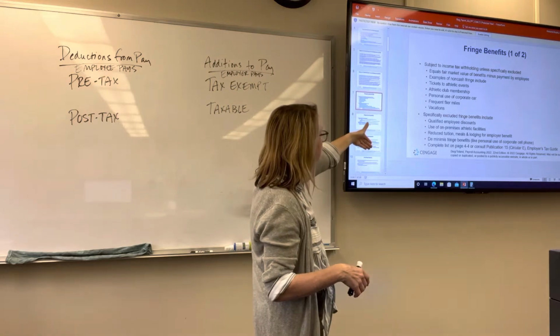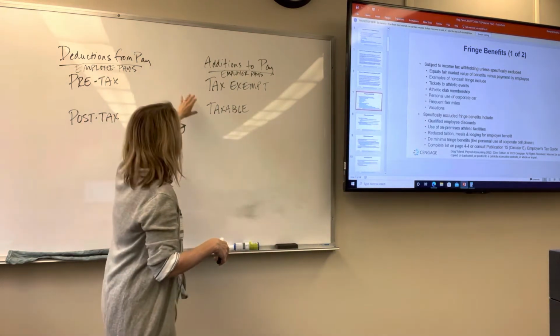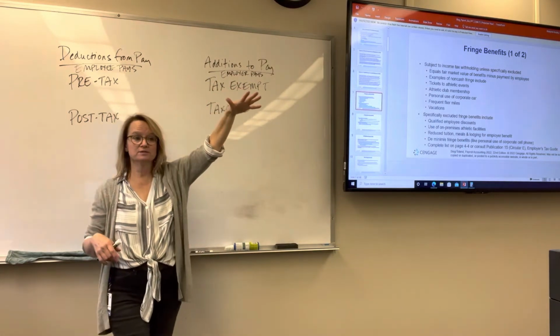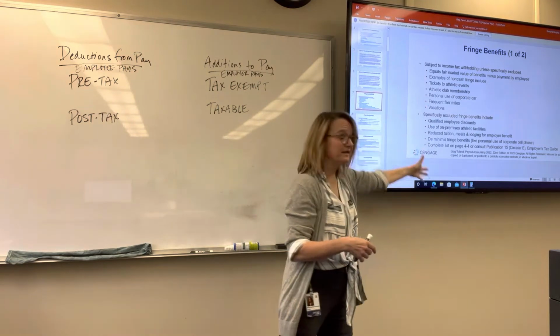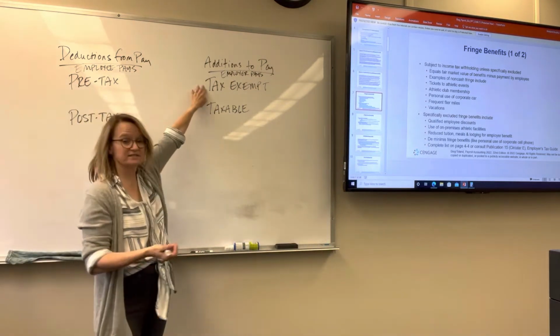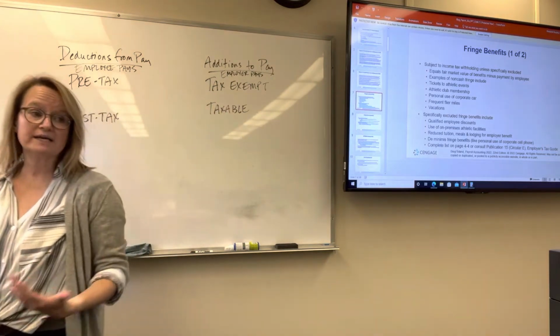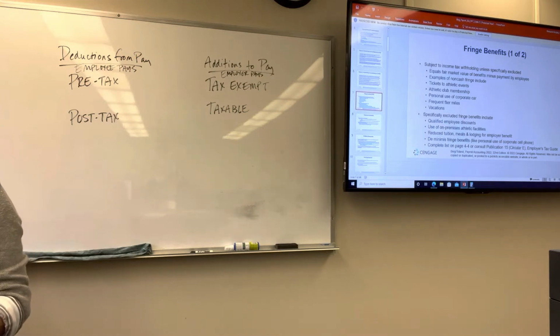Specifically excluded fringe benefits, those employee discounts we talked about, are tax exempt. We're not going to add it to their taxable pay. The athletic facilities, as long as they are on premises, whatever the value of that is, those are tax exempt. That's also not going to get added to an employee's pay.